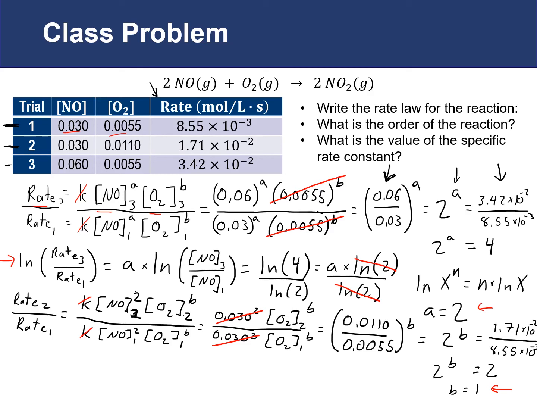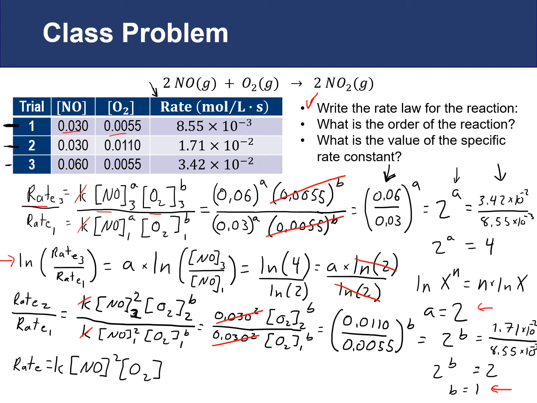So our rate law is rate is equal to K times the concentration of NO raised to the 2 times the concentration of O2 raised to the first power. So that is the first part, figuring out the rate law for the reaction.